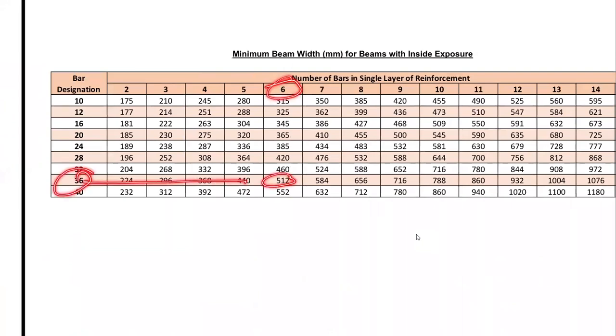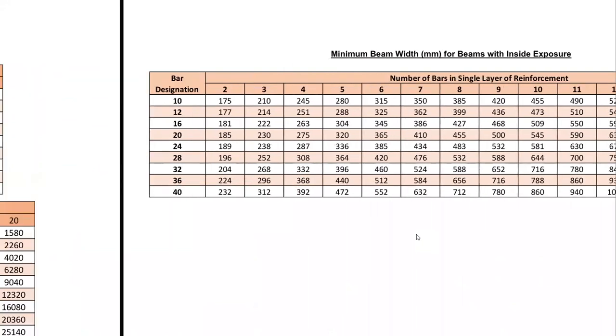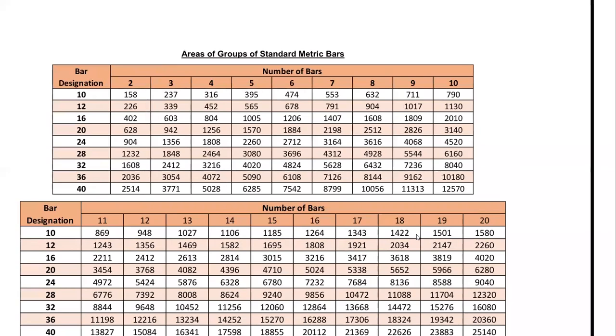Kailangan niya is 512. So pwede natin gawing 2 layers yon. Or pwedeng 28 mm, no? So, wala naman specify. So gawin natin 36 na lang. So 6 pieces na 36. So try natin. Try 6-36.